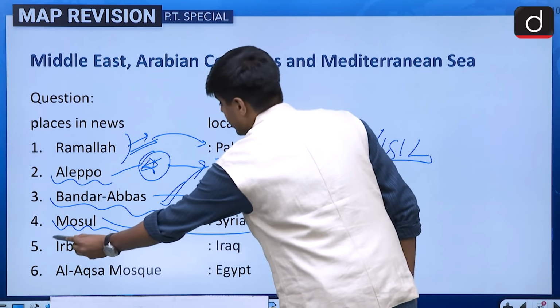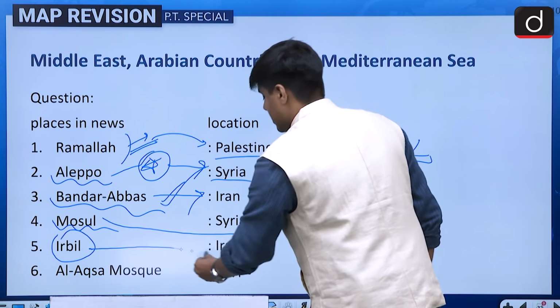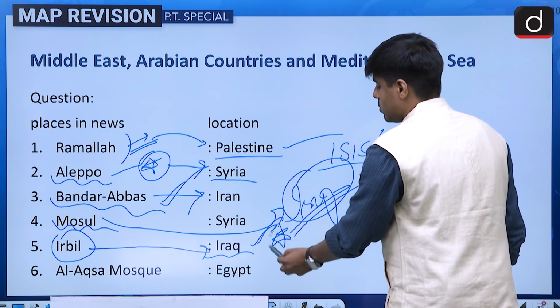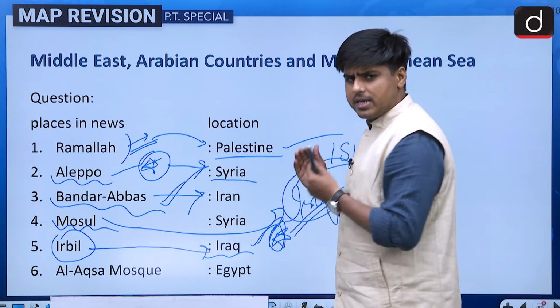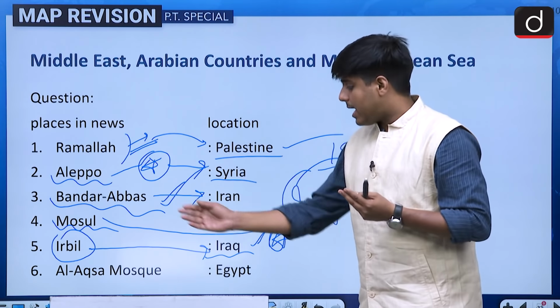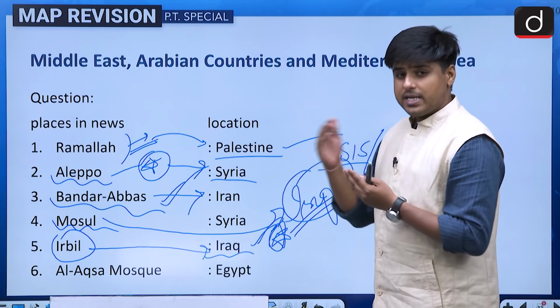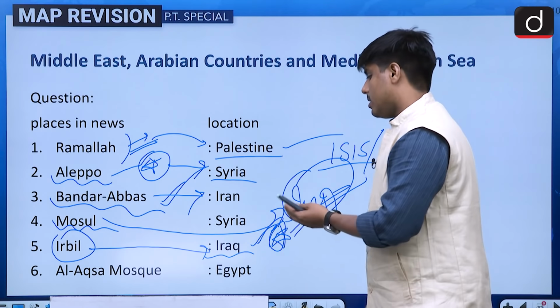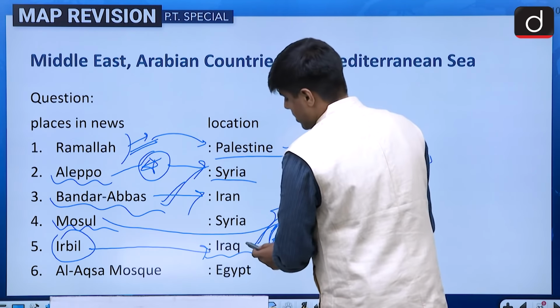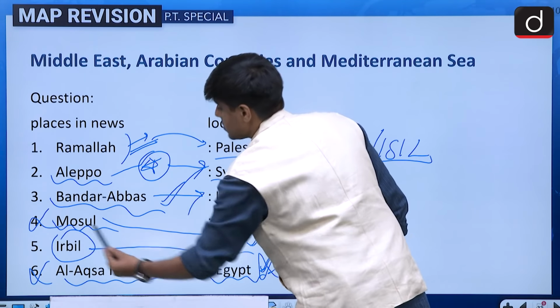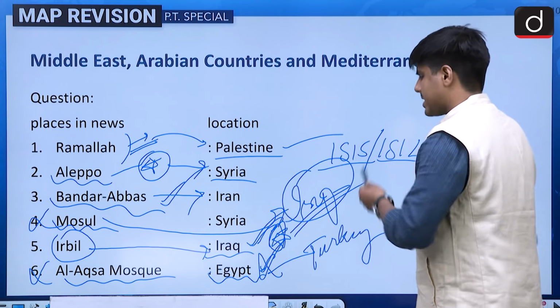Then Erbil is a place in Iraq. Again, Erbil has been in news for many reasons. Recently, Iran conducted a strike at Erbil to send a message to the United States. So Erbil was in news. It is located in Iraq. This one is not correctly matched, and the rest of them are correctly matched.